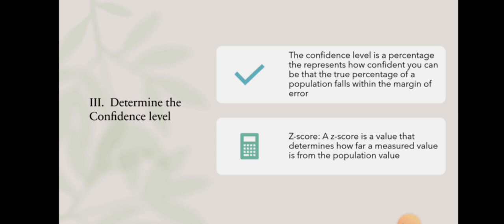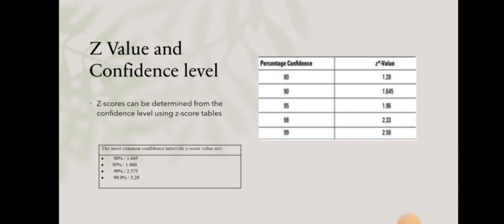Let us see the Z table used to determine the confidence level. As shown in the table on the right side of this slide, Z value and confidence level are presented. The Z score can be determined from the confidence level using Z value tables. In column 1 is the percentage confidence, and in column 2 the Z value.